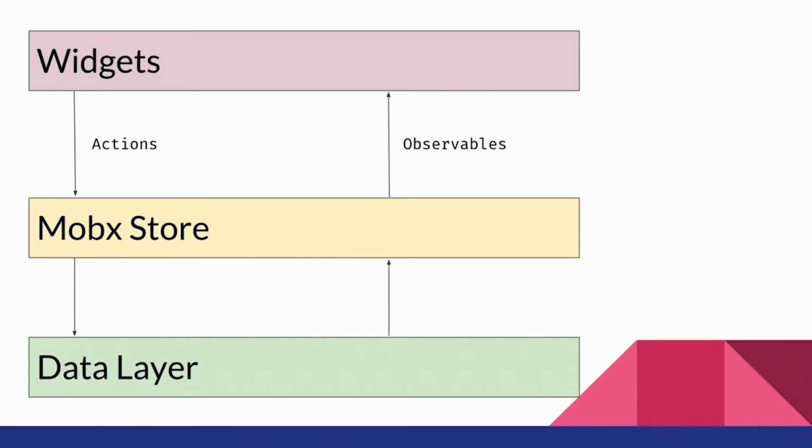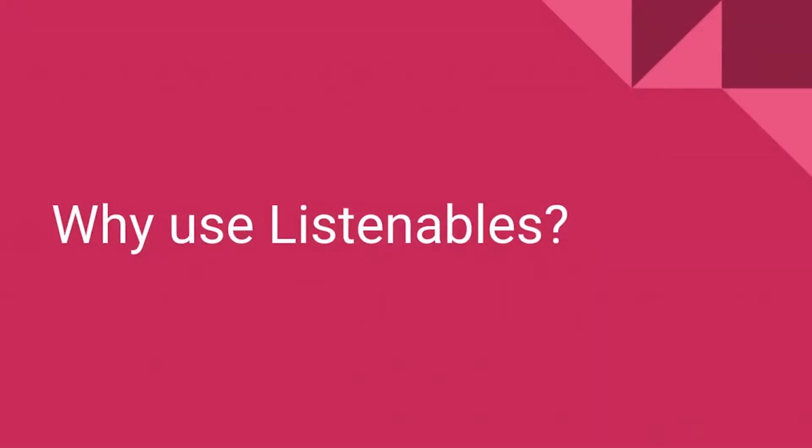They work in different ways, and there might be pros and cons to those implementations. But when you think about which one of these you should choose, the reason I would say listenables can be nice is for two reasons. Number one, they're baked into Flutter, and number two, they're very simple to use.